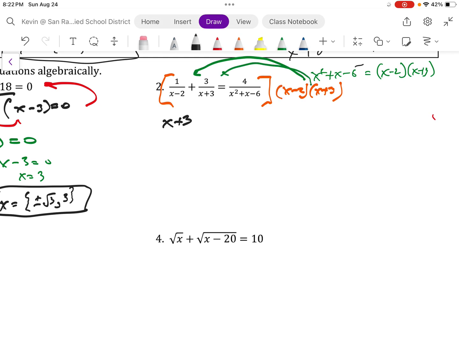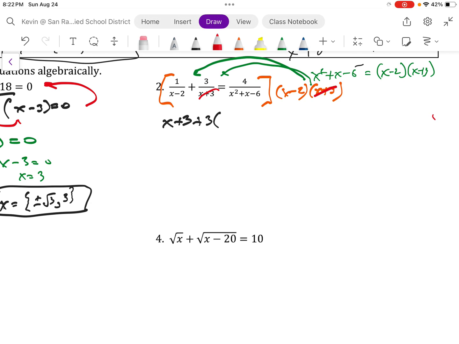Multiply it here. So I have plus 3 times, and in this case, x, that is, oh, oops. Oh yeah, no, that was right. This part here, I just did what I did before. x minus 2. When I do this part, these two cancel out.